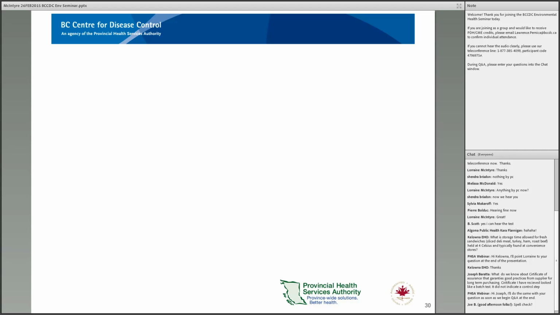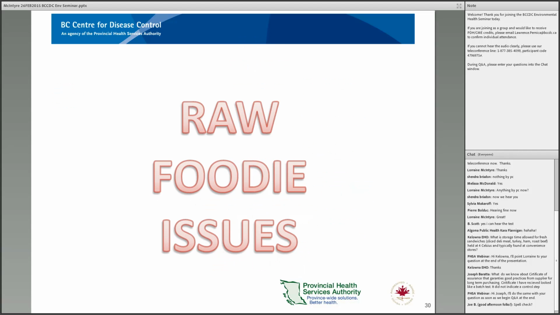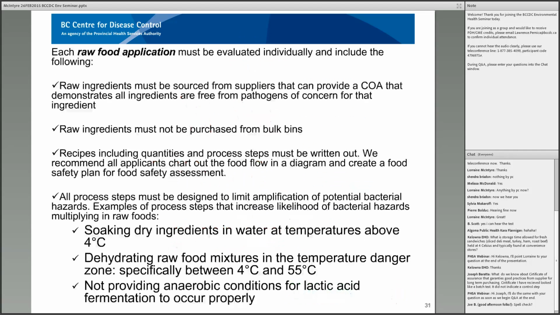This brings up the whole issue around raw foods, for those of you that have encountered this. For raw food applications, we've kind of got a list in our head now of the things that we'll say back to people. Again, raw ingredients have to have a certificate of assurance. They shouldn't be purchased from bulk bins.